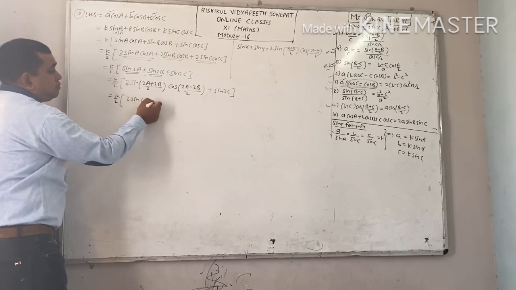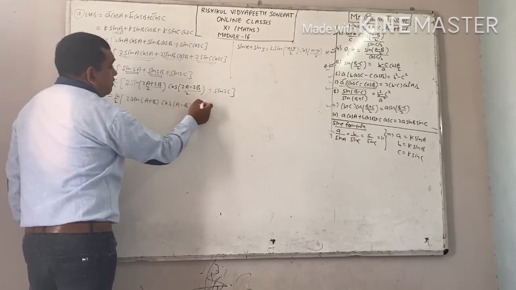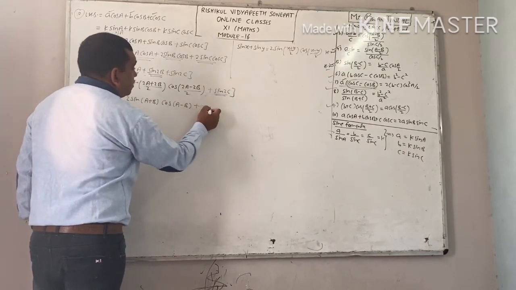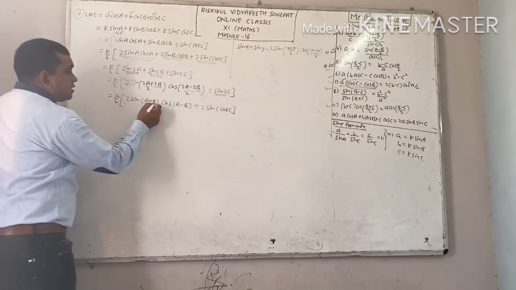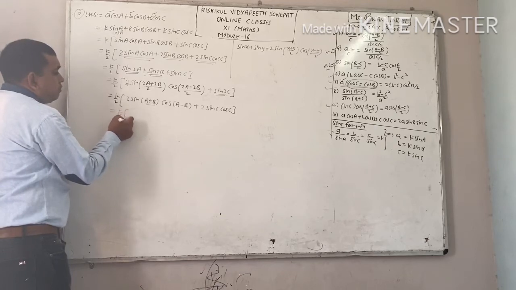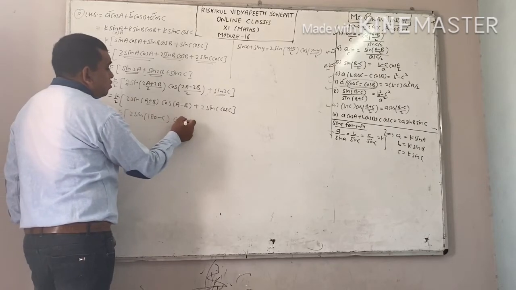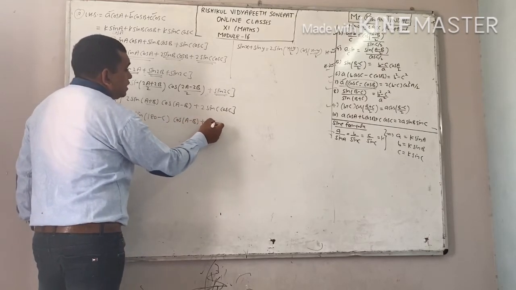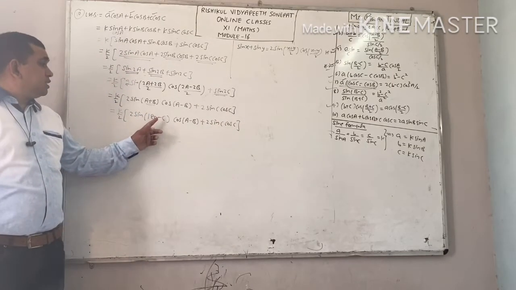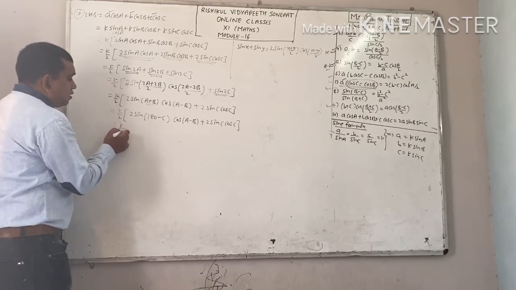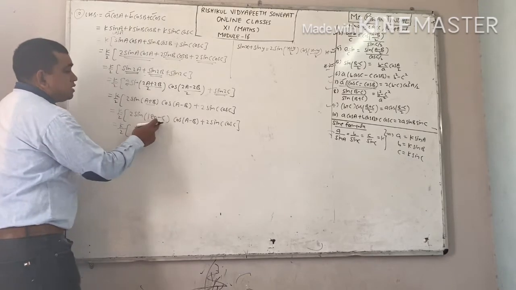This is your 2 sin (A plus B), this is your cos (A minus B), and we know the formula of sin 2C also: sin 2C equal to 2 sin C cos C. Now again we are getting sum of two angles, A plus B, and A plus B is equal to 180 minus C. Sin (180 minus theta) is your sin theta.